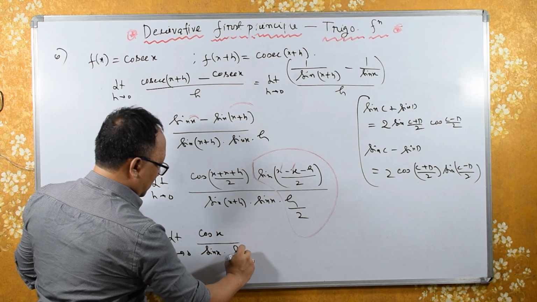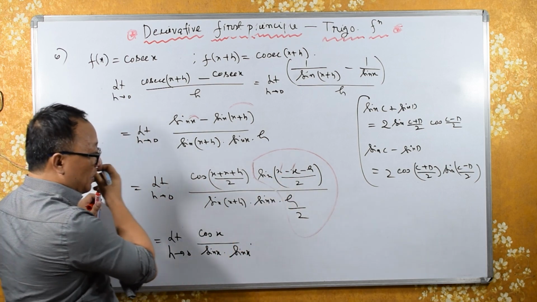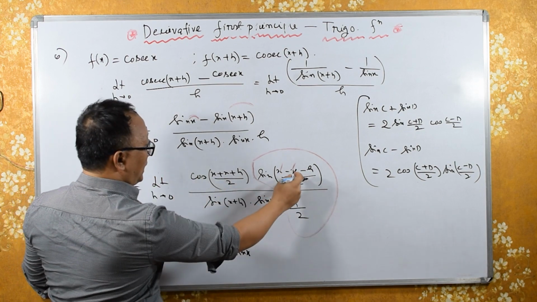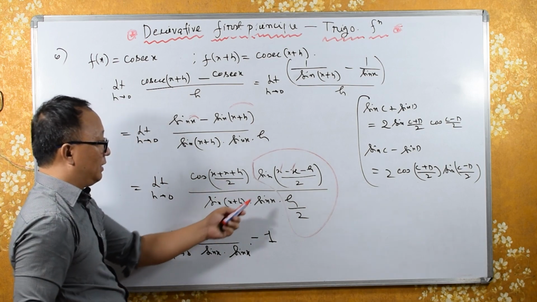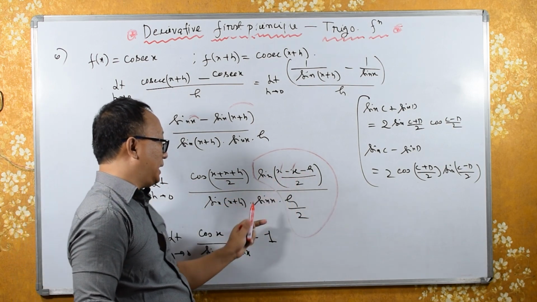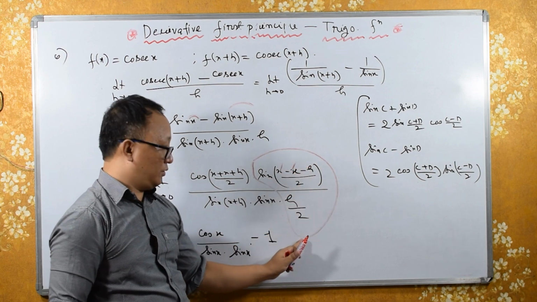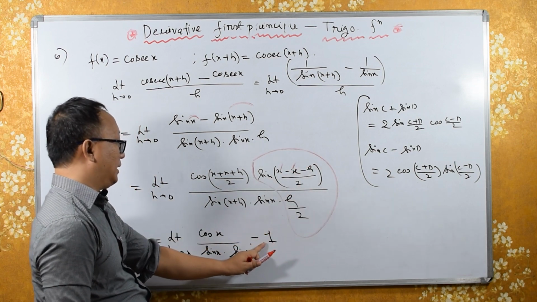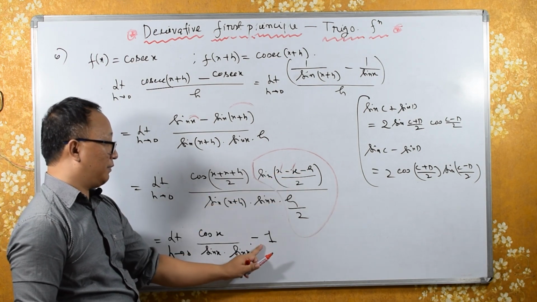Here what we'll have is minus 1. Why 1? Because sine of minus theta is minus sine theta, and then sine of h by 2 upon h by 2, when limit h tends to 0, becomes 1. We already sent the minus outside, therefore it will be minus.